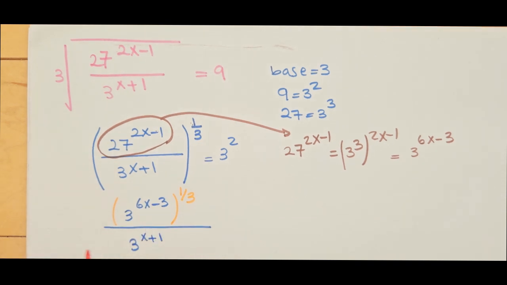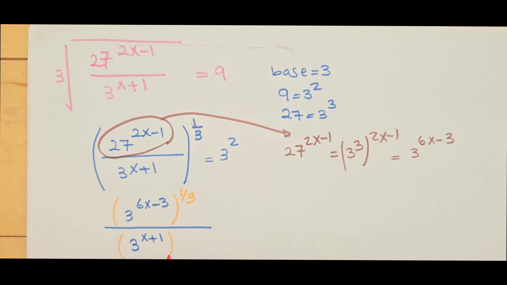And then it is 1/3. Perfect. Okay, so now let's make it a little bit simple. This 1/3 will be multiplied by this. So that would be 2x minus 1. And then here on the denominator, 1/3 should be multiplied, right?